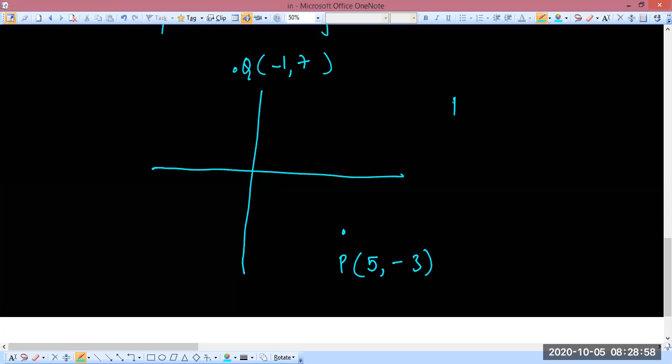Come on, can you write what is PQ vector in form of components? Writing in form of components means writing in form of I caret and J caret. Okay, do it, come on. PQ vector. Yes, Dev.